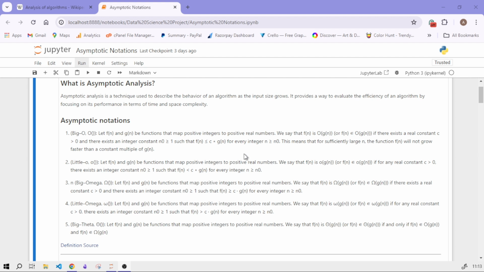A person named Donald Knuth introduced this idea of asymptotic notations in computer science. He took this idea from number theory, and introduced it in computer science to analyze the efficiency of algorithms. There are various types of asymptotic notations. I'll come to the algorithms part, but let's first talk about the mathematics of asymptotic notations.